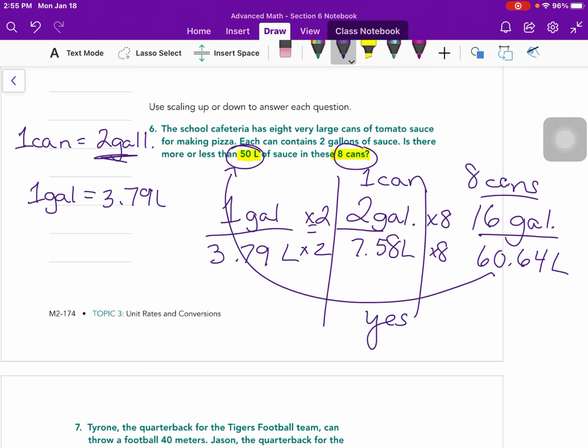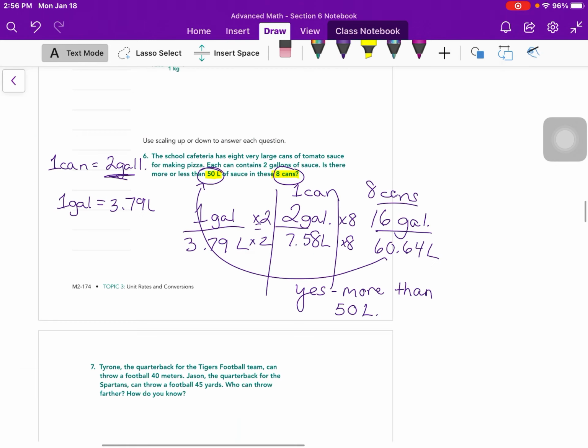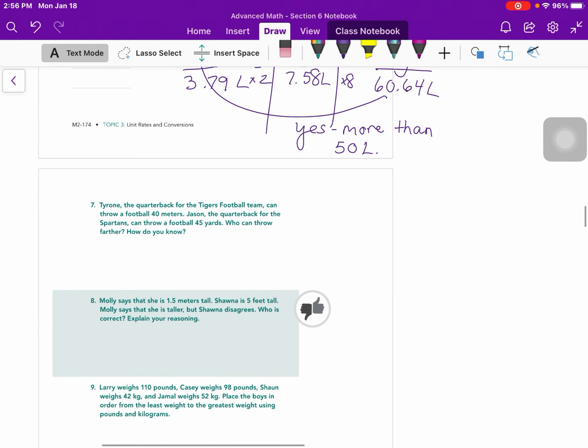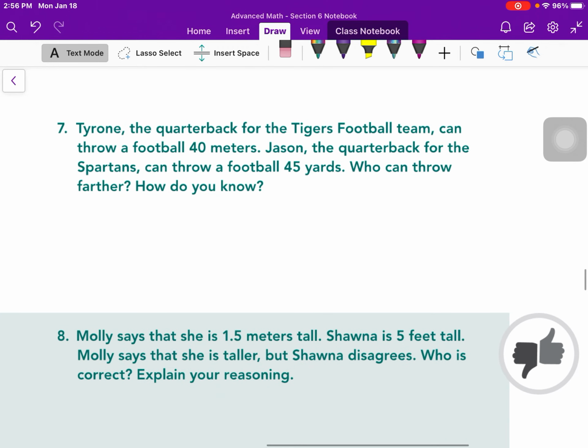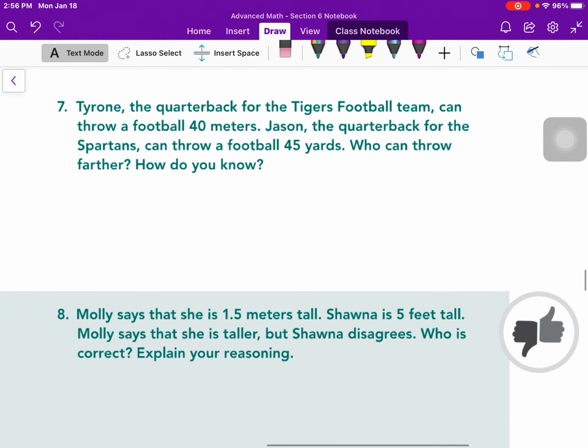Yes, it is, more than 50 liters. So this is how we can use scale up and scale down to convert units. I want you to try the next one on your own. Pause the video. If you have time, do try both of them, and then we'll go through those together.